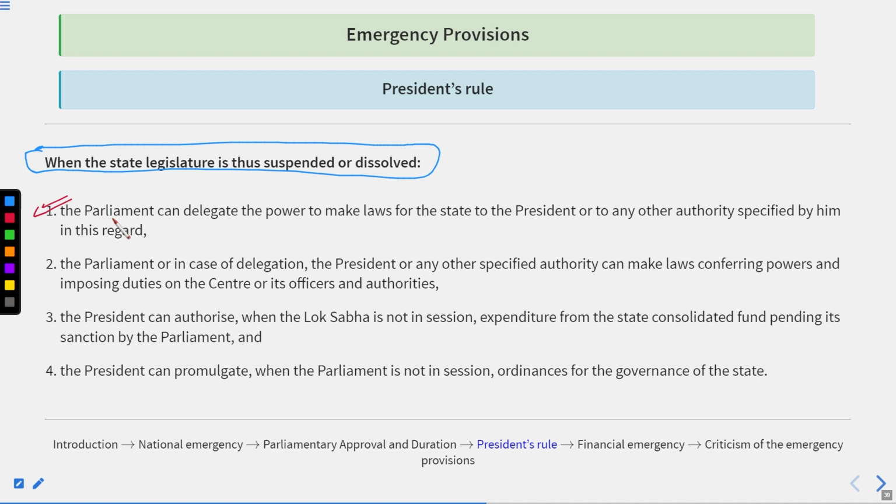It means the legislative powers of the state could be transferred to the president or any other authority specified by the president. Thereafter, the parliament, or in case of delegation, the president or any other specified authority can make laws conferring powers and imposing duties on the center or its officers and authorities.